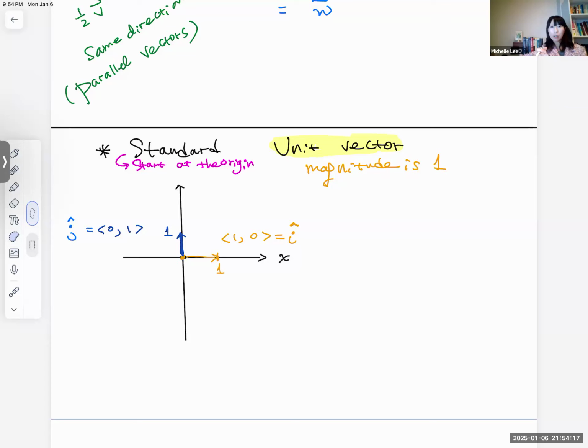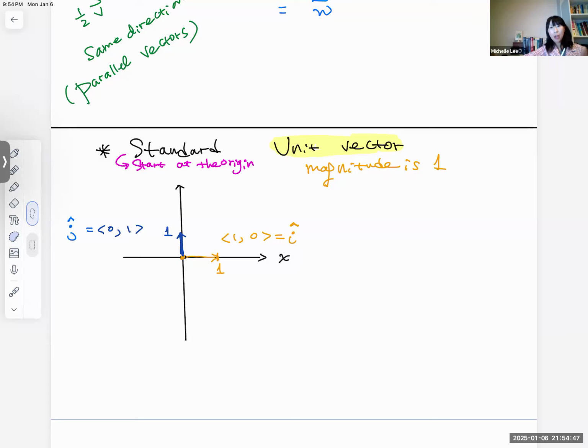Initial point at the origin, and then terminal point at some point. So here also, standard means starting at the origin. And then we have a unit vector. Earlier, a unit vector meant the magnitude is 1 and it is in the same direction as the vector, right?